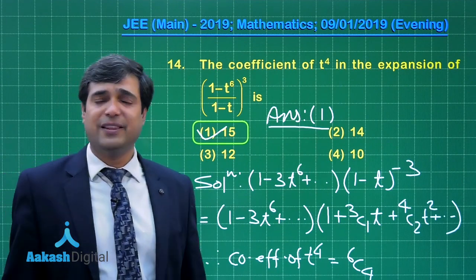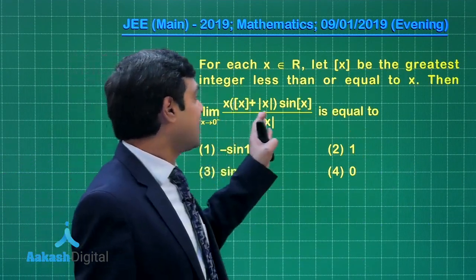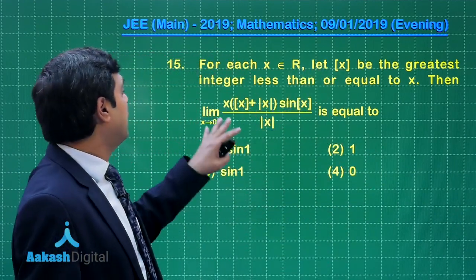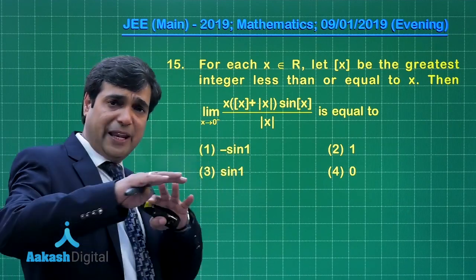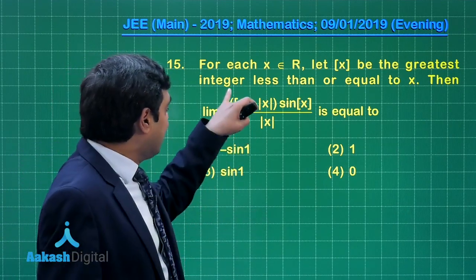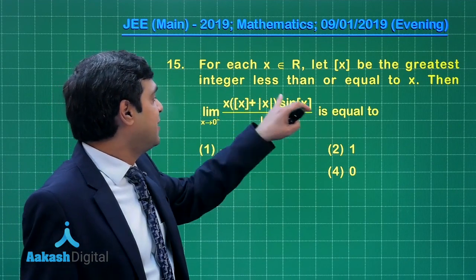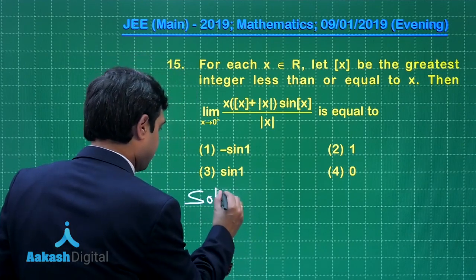Moving on to the next one, that is question number 15. For each x from the set of real numbers, let [x] be the greatest integer of x. We have to talk about the limit as x approaches 0 from the negative side of (x[x] plus mod x multiplied with sine [x]) divided by mod x. So let's start this question.